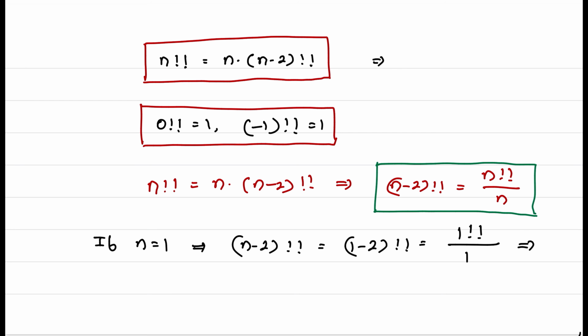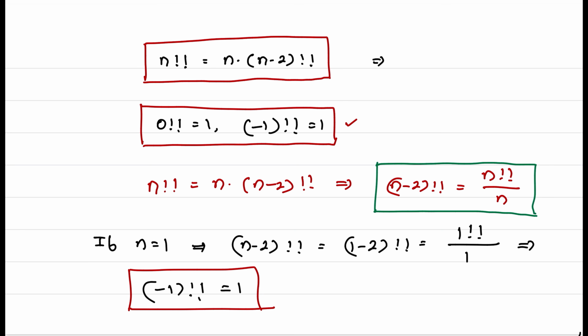That implies minus 1 double factorial is equal to 1. This is proved from this equation: n minus 2 double factorial is equal to n double factorial by n.